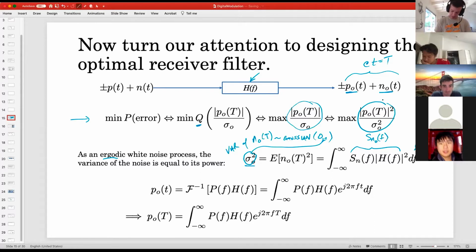So I want to characterize the denominator of this fraction, and we've done that here. And now I want to characterize the numerator of this fraction, which is, again, the magnitude of the filtered pulse sampled at time big T, squared. We have an expression for the filtered pulse. It's simply what the filter does to the pulse.